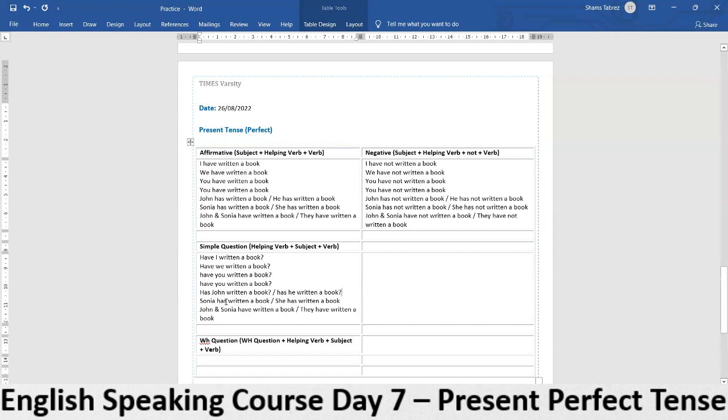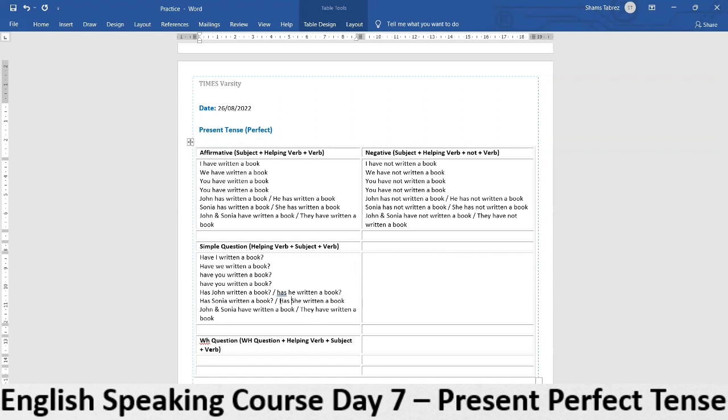Okay. And similarly, take this has, put it here, and it should be capital. And Sonia is a proper noun, so it should start with a capital. So this is perfect. Make sure we put a question mark at the end. And similarly, take this one and make it capital.